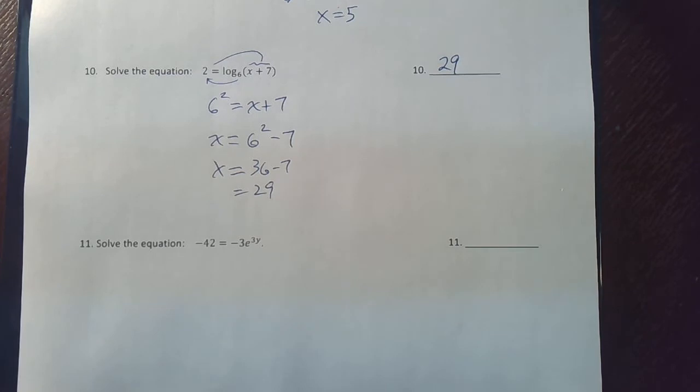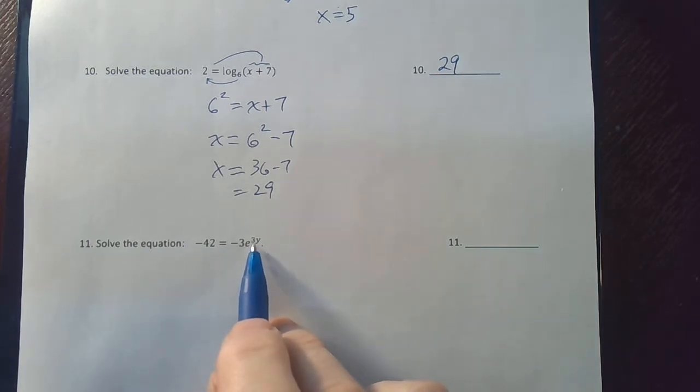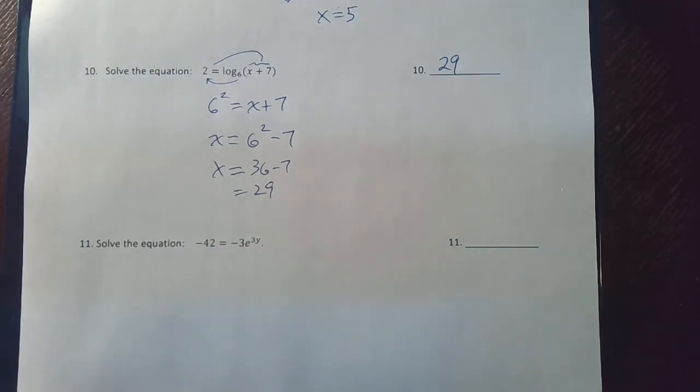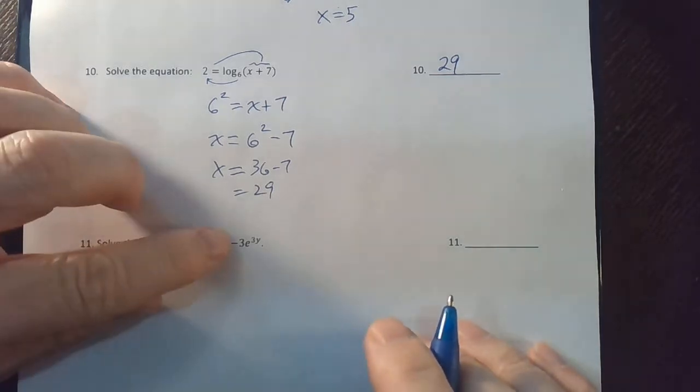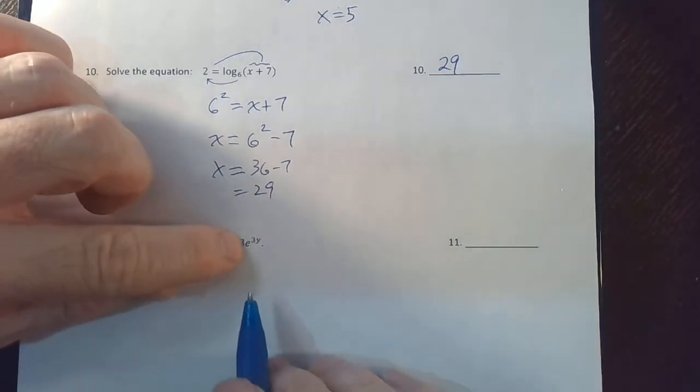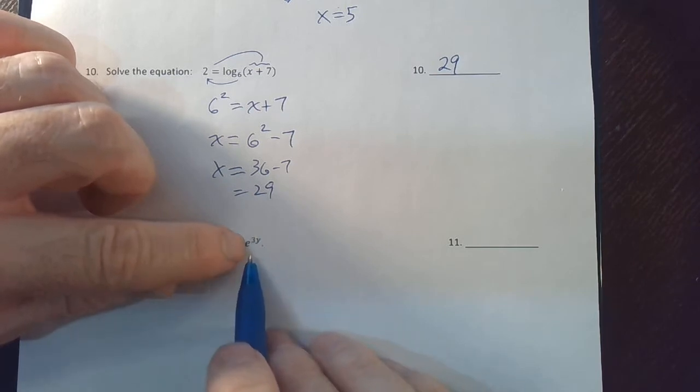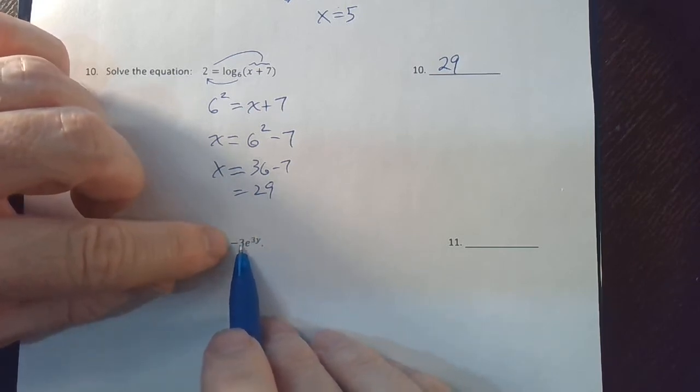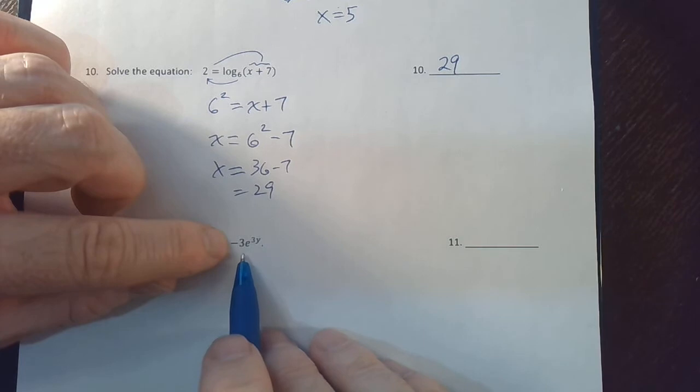Number 11. Well, we're solving an exponential equation. What I want to do is get the portion that's raised to the exponent all by itself. And that means I want this, e to the 3y, all by itself. This negative 3 is not being raised to the exponent.